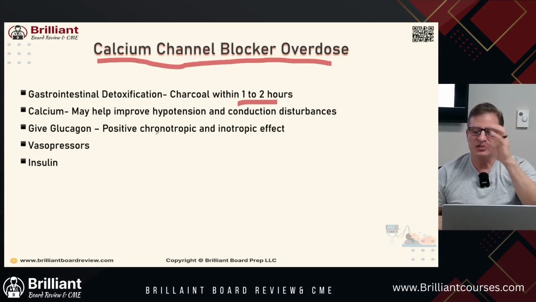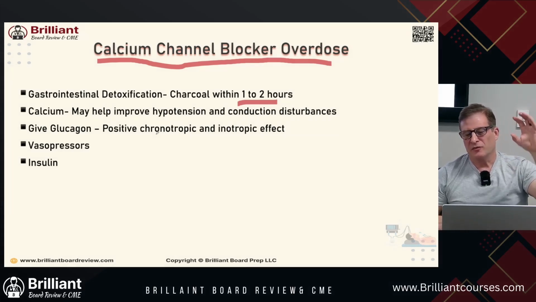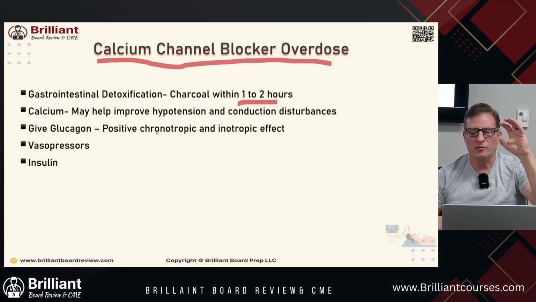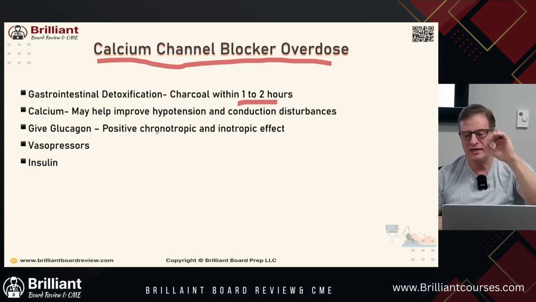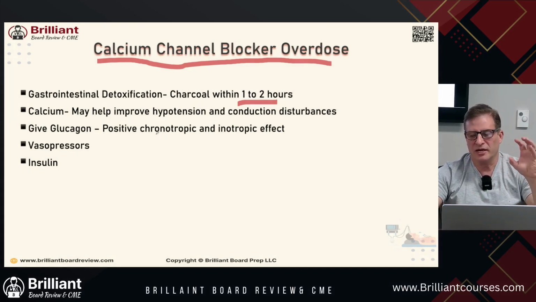So it increases insulin resistance, and it decreases insulin secretion. So insulin can be a positive inotrope. What it does is it changes what our metabolism is in our myocardial cells.